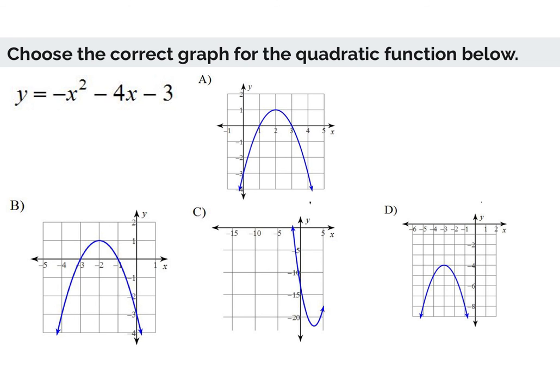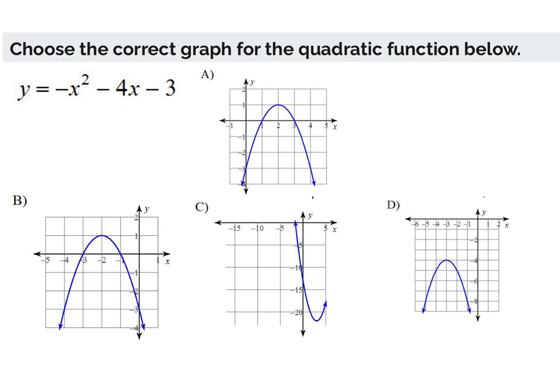Now you try, choose a graph for the quadratic function below. So my first goal is to try and find a y-intercept, and that's easy to do because it's in standard form, so it's just going to be the coefficient by itself. So my y-intercept is going to be (0, -3).